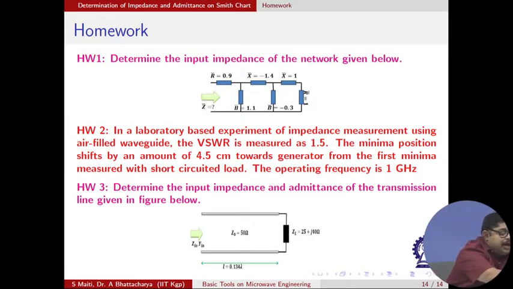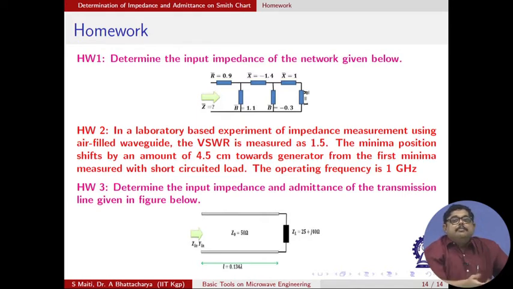We have given the line, and also we have said the line length. So, you can find out from the load, moving along the transmission line, again the same thing: first you locate the load, then you draw the constant VSWR circle, and in that circle you move by the requisite transmission line distance, and you will arrive at a point that is your input impedance.